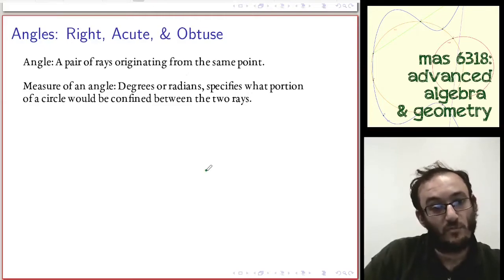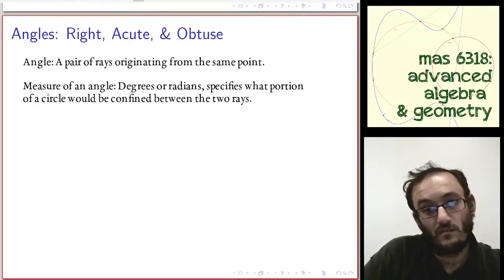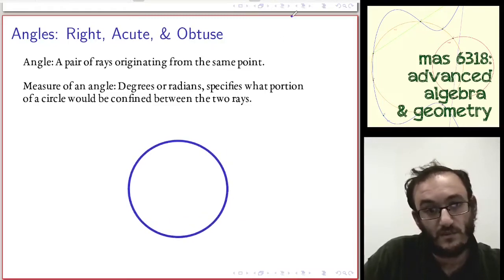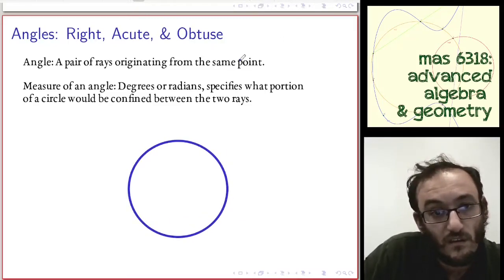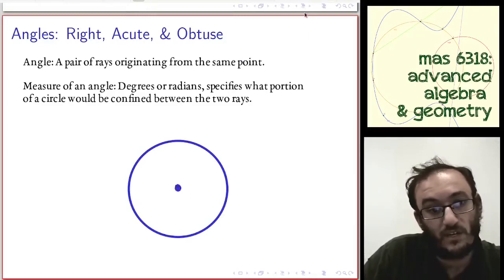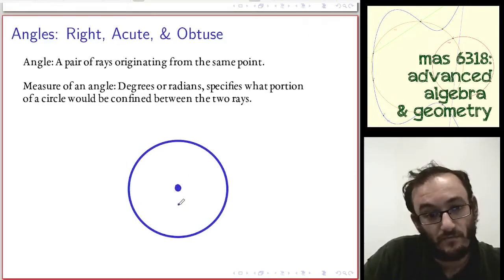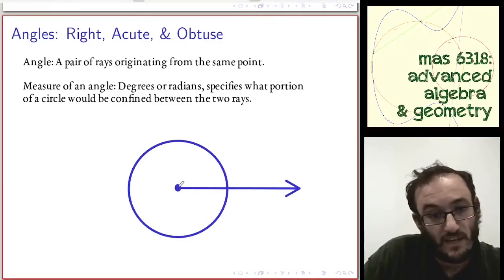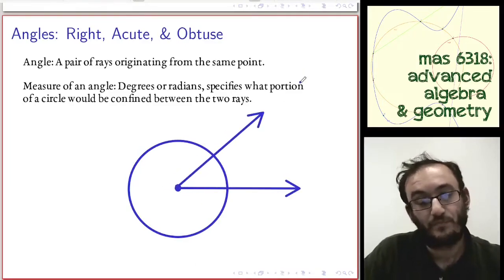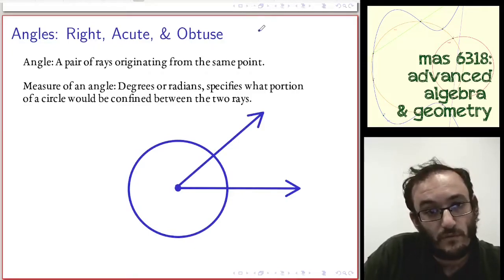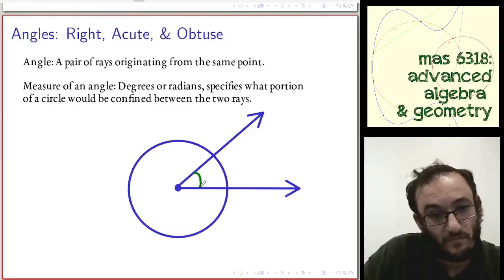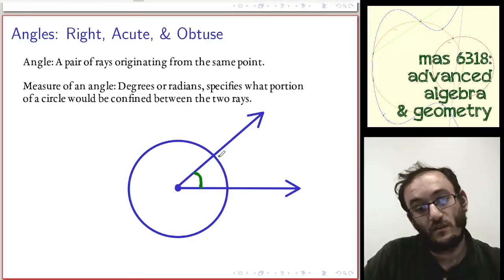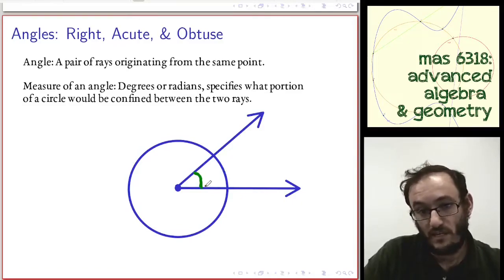So let's say we have our point P. Let's use blue. I like blue. Okay, so we're going to draw the circle first because it's always hard to draw a circle around a point. So this is our point P, and we're going to say that our rays are originating there. So we have first ray, second ray. Okay, so the angle, this measurement, is describing what portion of this circle is between the two rays.